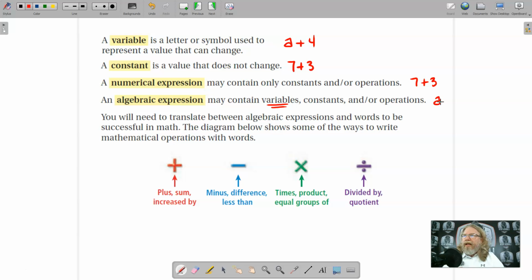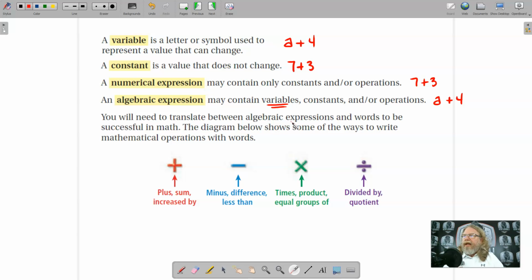So if we had that a plus 4, in this case, that would be an example of an algebraic expression because it involves a variable. The long and the short of it is, once we put letters in it, it becomes algebra. And the letters, we call those variables. They represent values that can change.